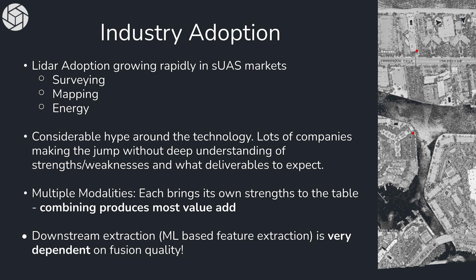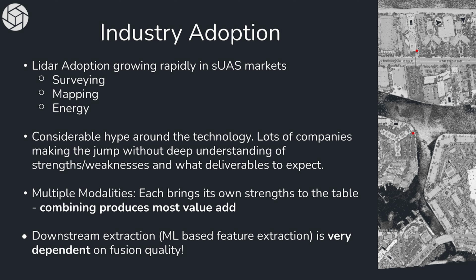Okay. So what we've seen is, if you do it correctly, we've seen the differences between photogrammetry and LiDAR, but our goal is to fuse them, to unify them, to bring them together, and to get the best of both worlds with these combined drone LiDAR and photogrammetry payloads that are becoming a lot more prevalent in industry. The reason we want to do that, well, multiple reasons, but downstream extraction.